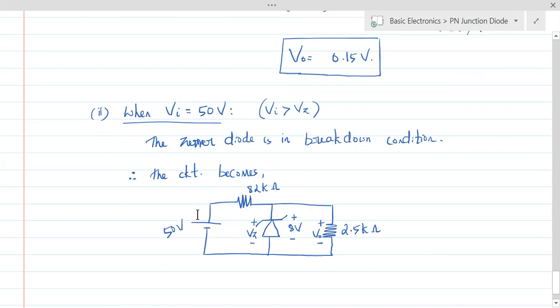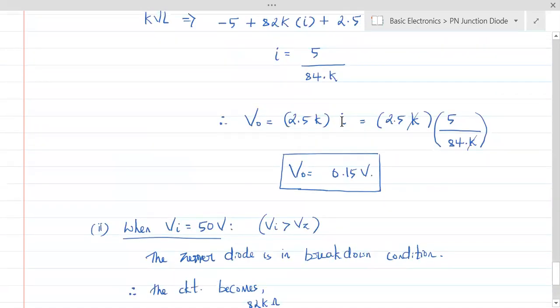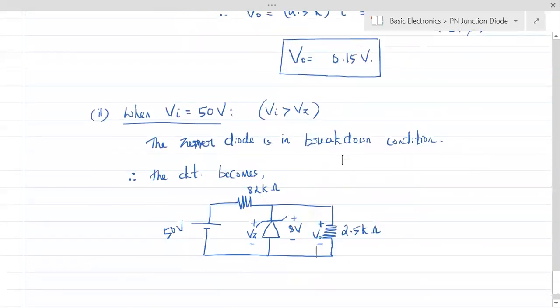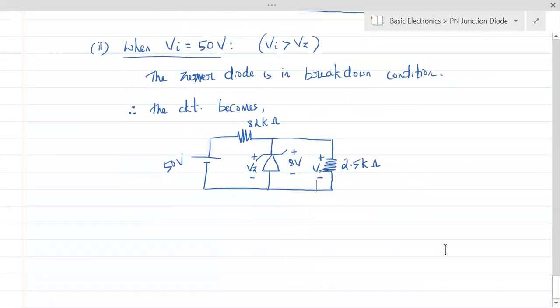Or just by observation, is it possible to say what V naught is? Nobody? Observe the circuit carefully and tell me what is this V naught supposed to be? For finding out V naught, do we need to apply KVL as we did here, or is it sufficient to just observe the circuit and tell what V naught is?